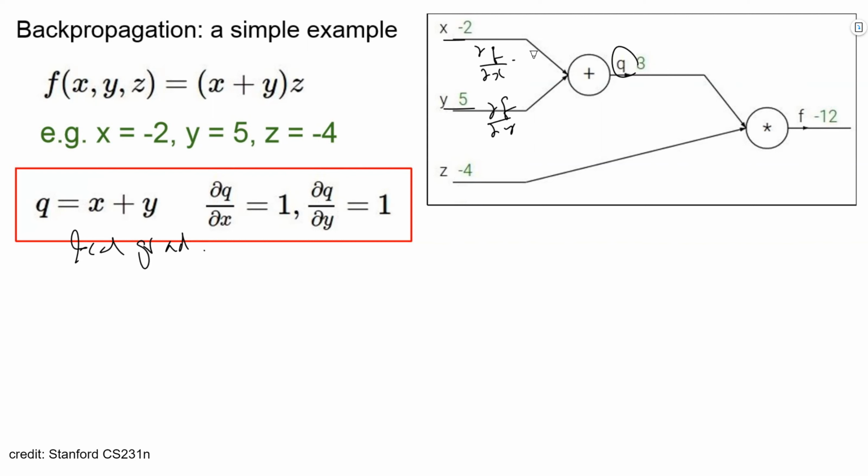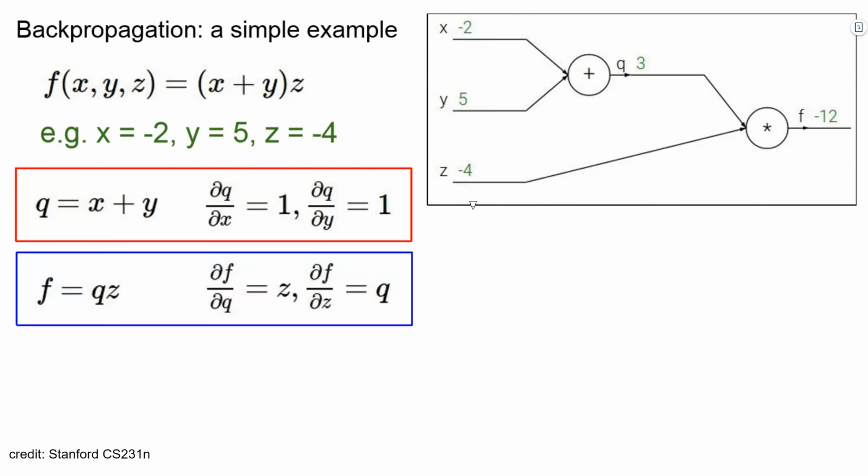And here, this is 1, this is 1. And then we're going to calculate the local gradient at the next step, here and here. If we derive f in respect of q, it's going to become z, and in respect of z it becomes q. So this is the derivative.